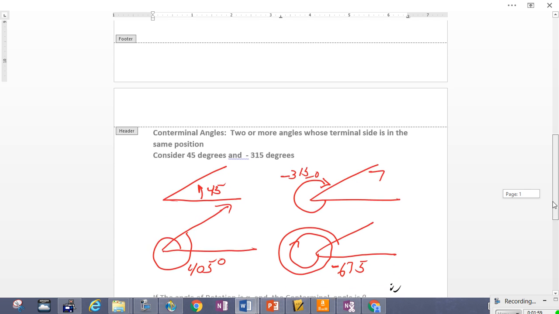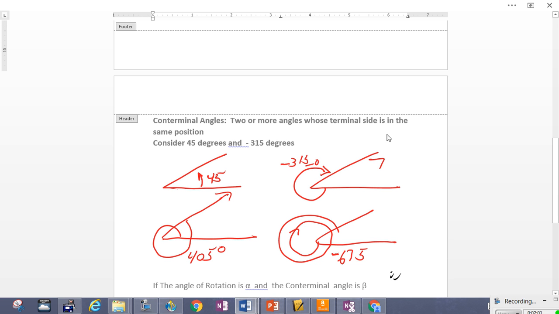Now we're going to have what we call coterminal angles. Consider, for instance, 45 degrees and negative 315. 45 is our counterclockwise sweep of 45 degrees. Negative 315 degrees is our sweep in the negative direction.